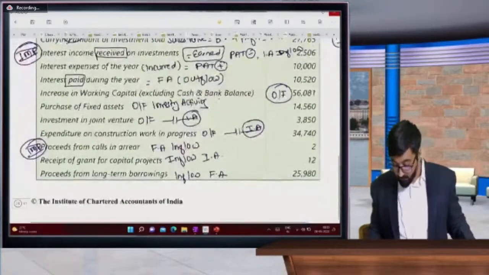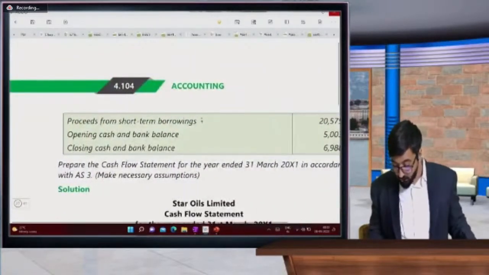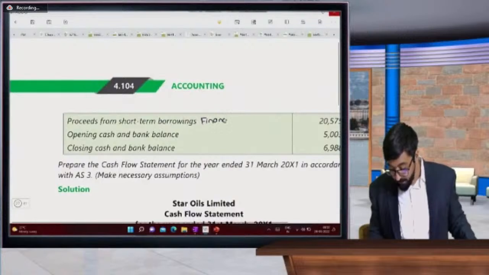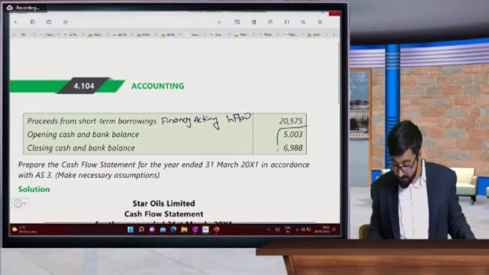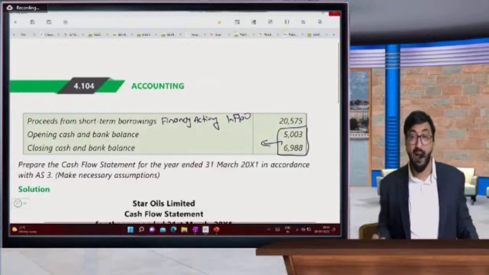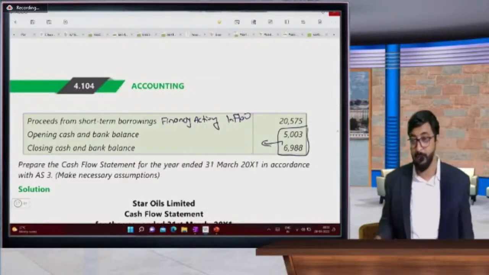And short-term borrowings is also financing activity inflow. Opening balance, beta, there is no balance sheet, so you have to apply your mind.